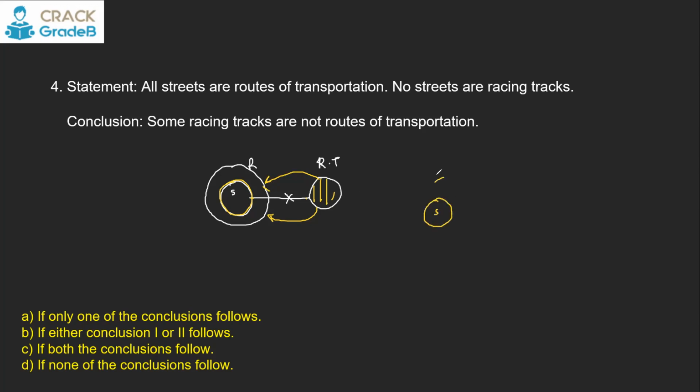All streets are routes of transportation, this is routes of transportation. And then no streets are racing tracks, so streets are not going to intersect with racing tracks. In this diagram, some racing tracks are not routes of transportation is a wrong conclusion, as the racing tracks can entirely come inside the routes of transportation. So it will be a wrong conclusion.